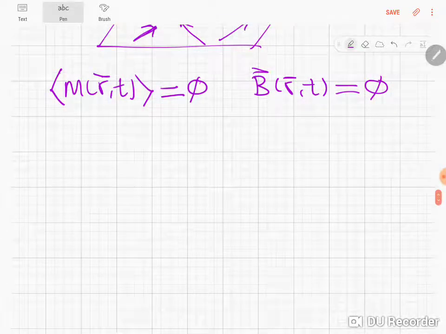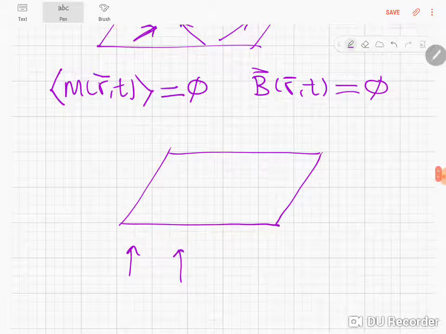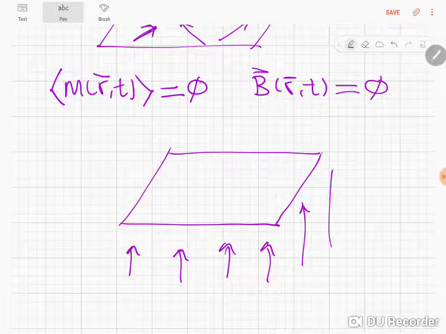Now, what happens if I just turn on a magnetic field and apply it globally? That means I apply a magnetic field here, here, here, uniformly across all the sample. So this will be some magnetic field, B of R comma T, that will be different than 0.